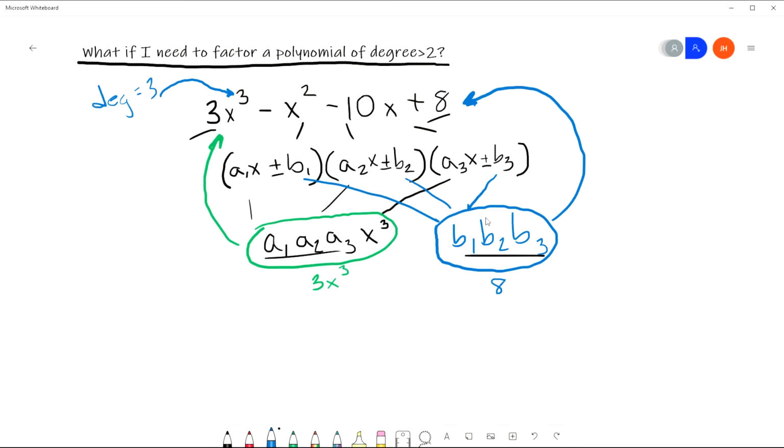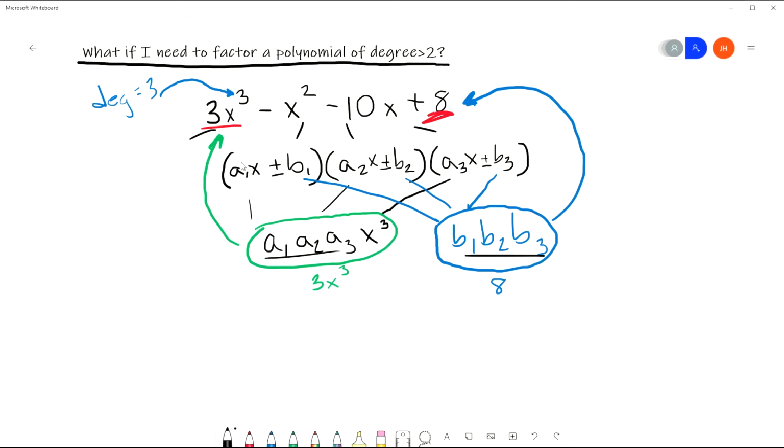So what have we learned here? We've seen that when I have any polynomial, I can use the leading term to know what all of my possible x terms in the factors would be. And I can use the constant to know what all the constant terms in the factors would be. So this gives me a cool list of possible terms for my factors.